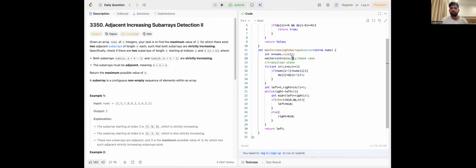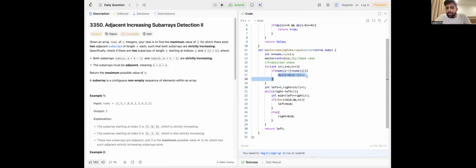Because let's say we didn't get any increasing subarray of length 2 or 3, it was just 1. How is that possible? With a zigzag array, this will be possible.